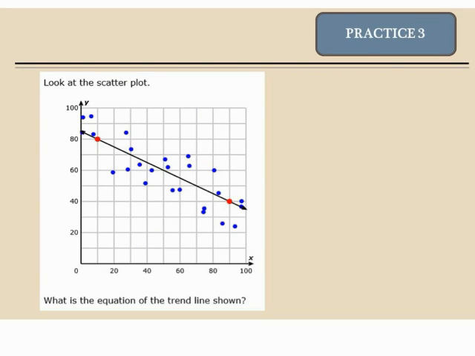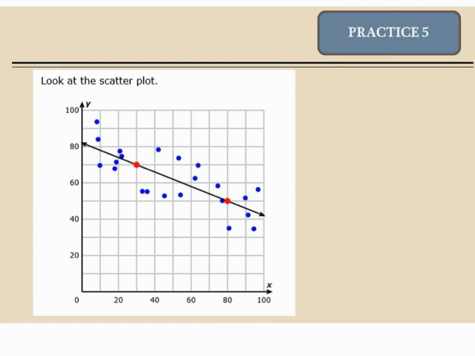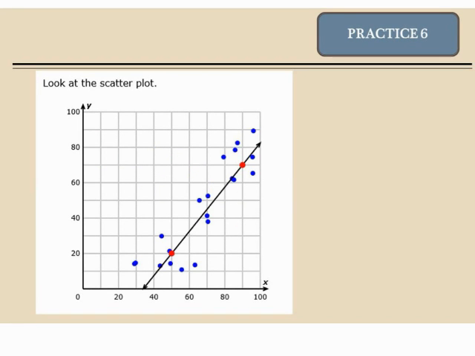Practice 3. Practice 4. Practice 5. And practice 6.